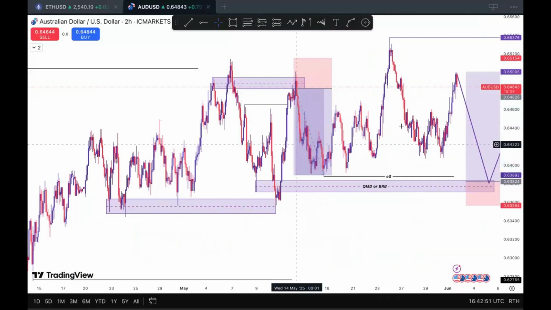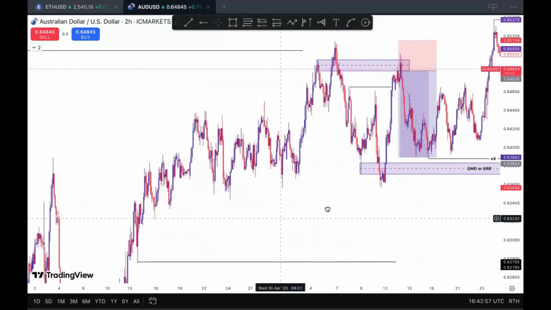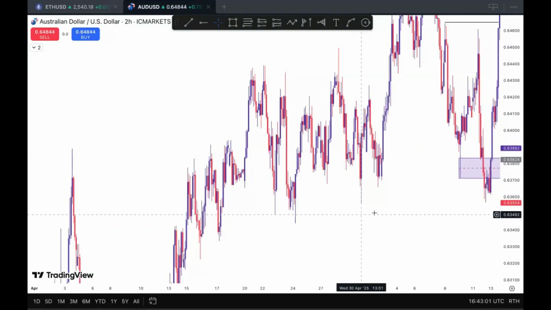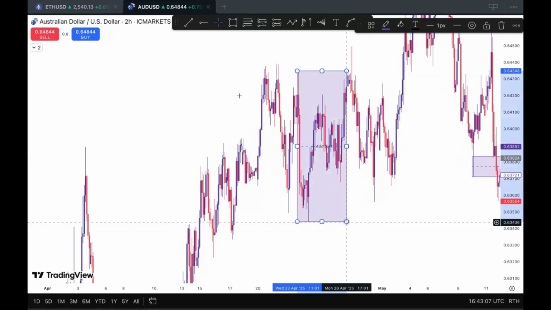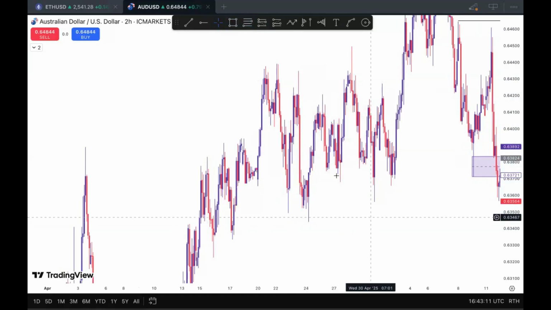Okay, let's also look at something else. So let's also look at this. What do we have here? We have structure. We had structure here. We had liquidity.